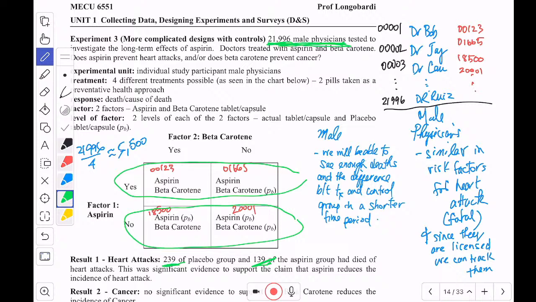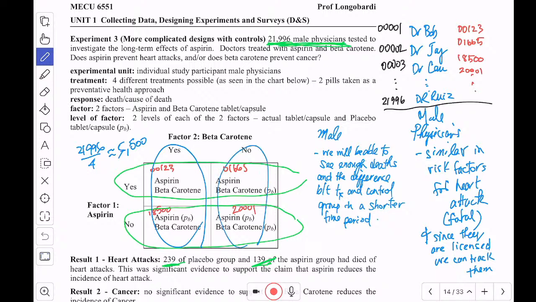Similarly, the results for deaths due to cancer were compared between the placebo and the control group, so 11,000 going this way, and there was no significant evidence to support the claim that beta-carotene reduces the incidence of death by cancer.